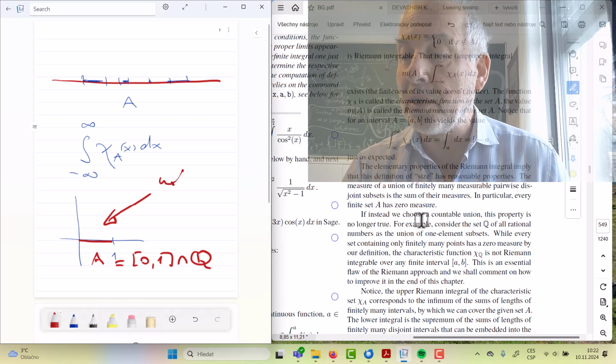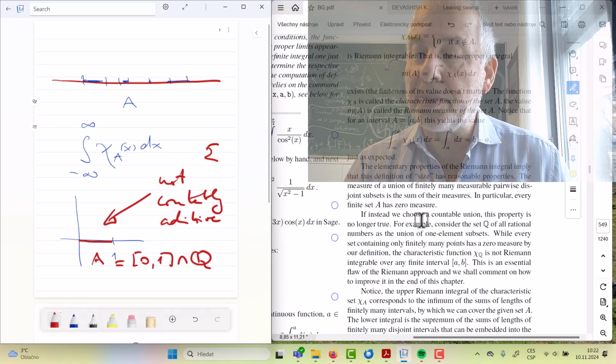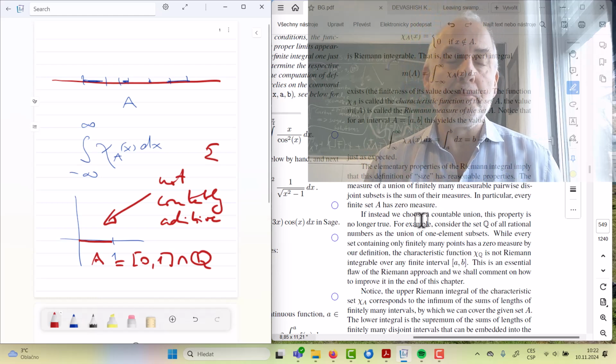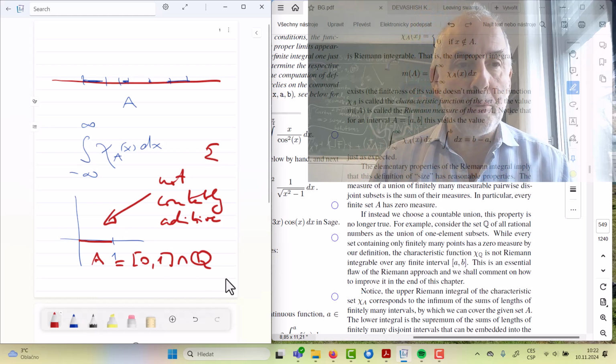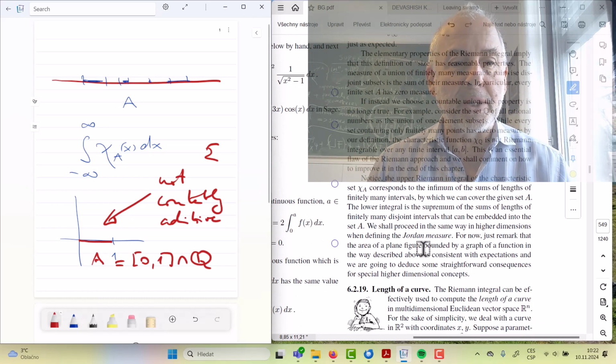So not countably additive. And usually people say sigma additive instead. So that's a big drawback of Riemann integration. We shall come back soon.